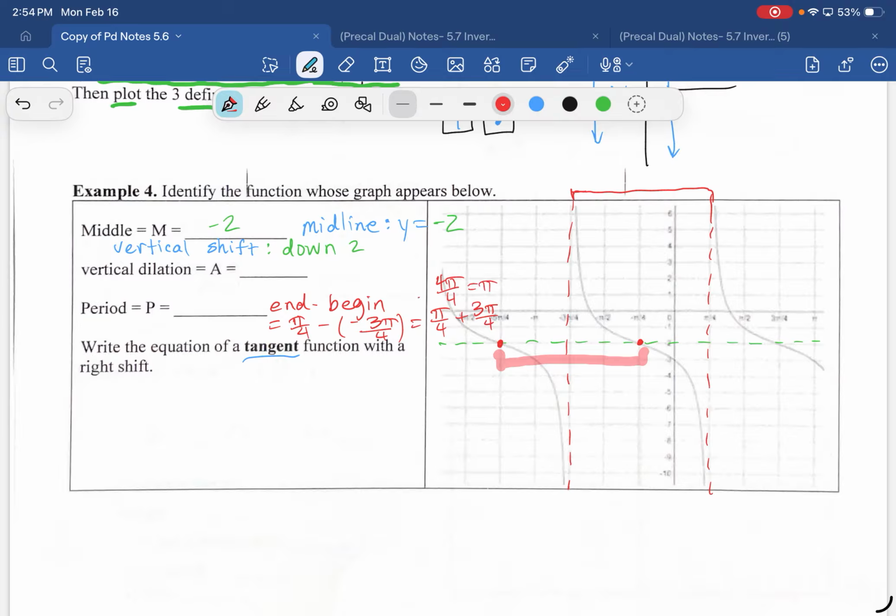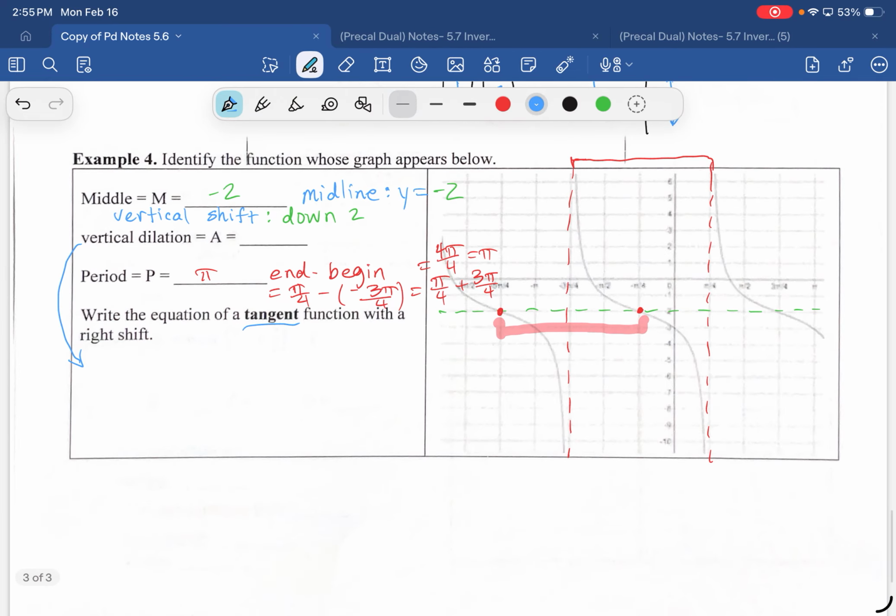This decreasing behavior actually matches better with the parent graph of cotangent, but they told me to use tangent, so I don't really have any choice for that. So absolute value of A would be +1, but they're asking for the vertical dilation A, which also includes any reflection, which here is -1.